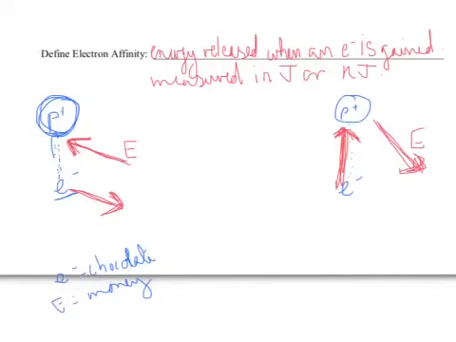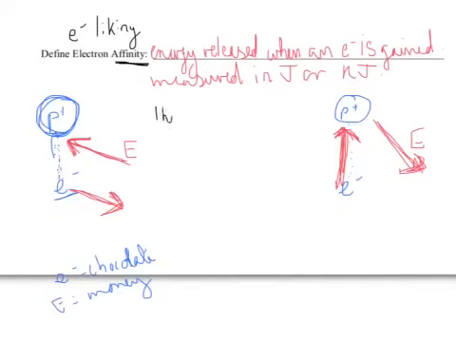Now, another word for affinity is liking. So this is the same thing as electron liking. If I have high affinity for chocolate, for example, that means I like chocolate. So if you have high electron affinity, that means you like the electron. The more the atom likes the electron, or has high affinity for the electron, the more energy it's willing to release in order to gain that electron.